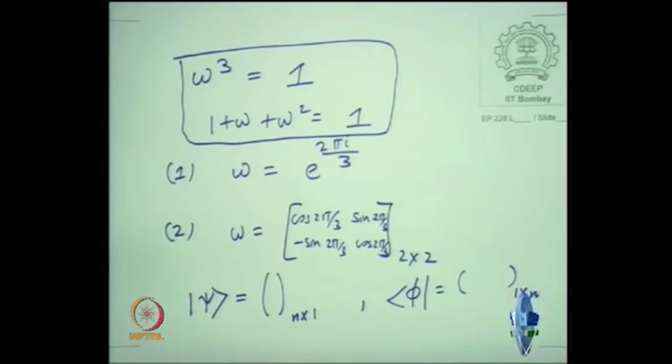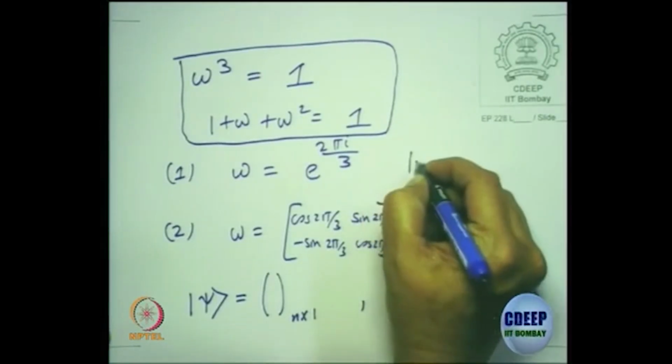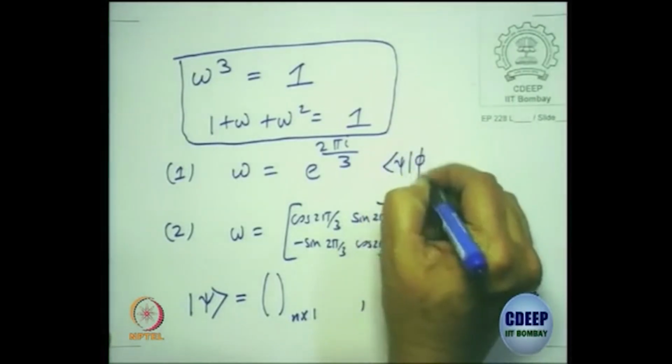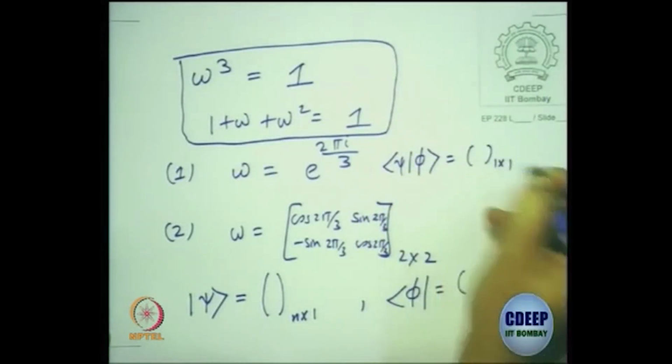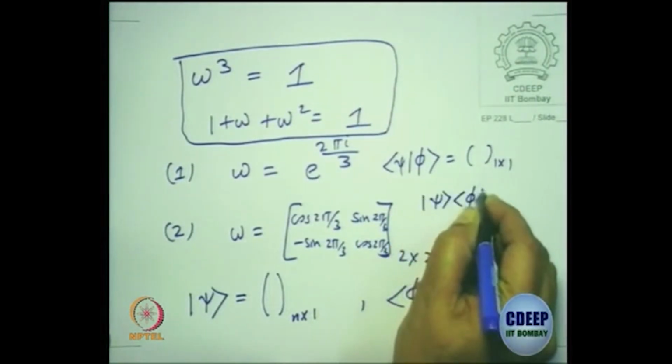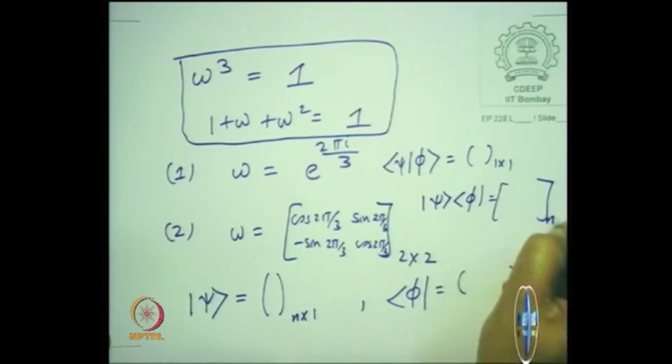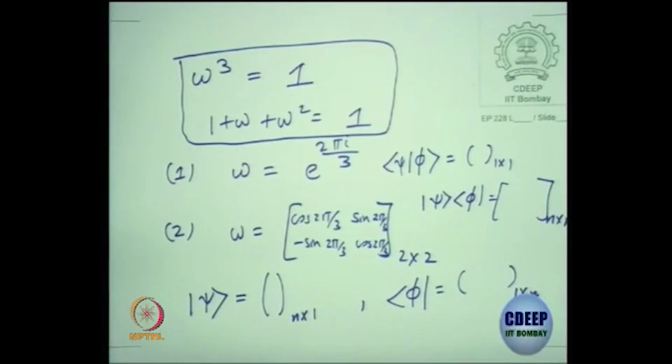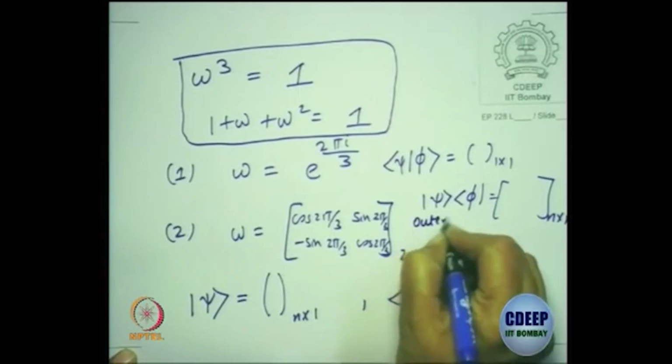The inner product of psi with phi is a number, while the outer product of psi with phi will be a matrix which is n cross n. It's very simple, but if you get used to this notation, you can do many abstract calculations in a very neat and elegant fashion. Always recall what you know in matrices, and that will help you remember this. This is what we call an outer product.